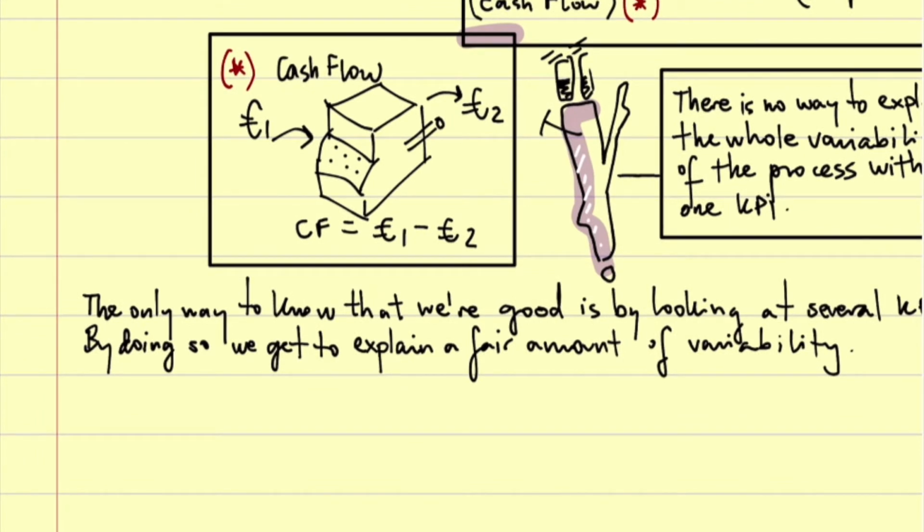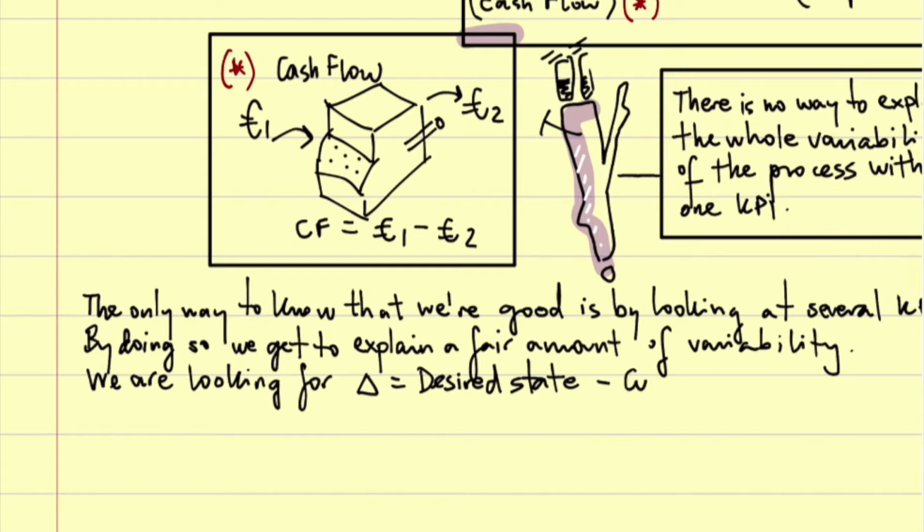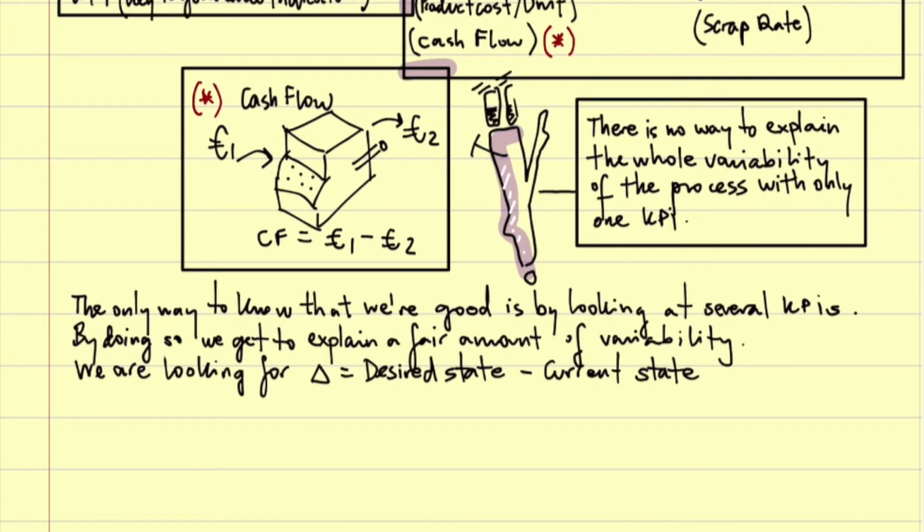We are looking, I recall, for the delta between the desired state of the process minus the current state of the process.